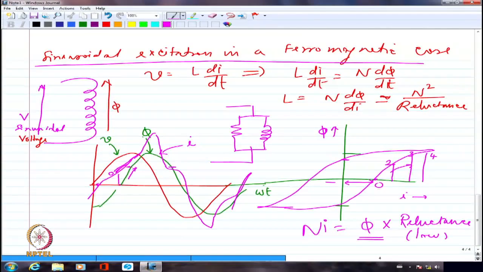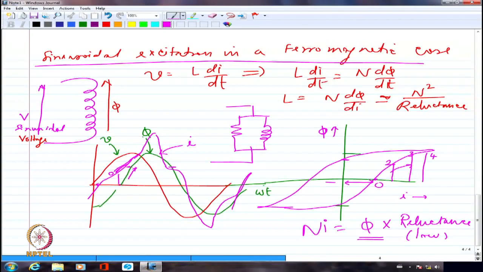Whereas both of them essentially depend upon the amount of flux established. Hysteresis loss clearly depends upon the BH loop. So what is the maximum amount of flux density or flux that has been established? The same way, the inductance, whatever I am showing, that is showing the amount of flux established. So both of them depend heavily upon the flux established. And the flux established is directly related to the amount of voltage.